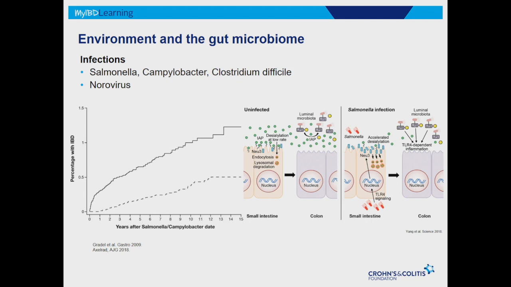Here is a study demonstrating the risk of IBD after an infection with Salmonella or Campylobacter, which are two of the most common pathogens that cause gastroenteritis, food poisoning, what have you. Your risk of developing IBD goes up quite a bit. So if there is susceptibility and you get an infection, it increases your risk. Again, not 100%, but another piece of the picture of how we're trying to understand the role of microbes in IBD.